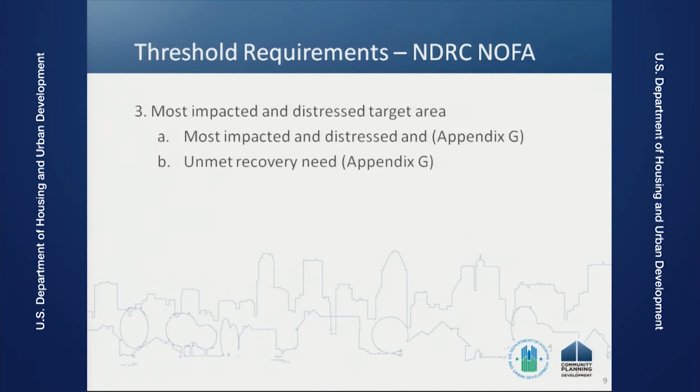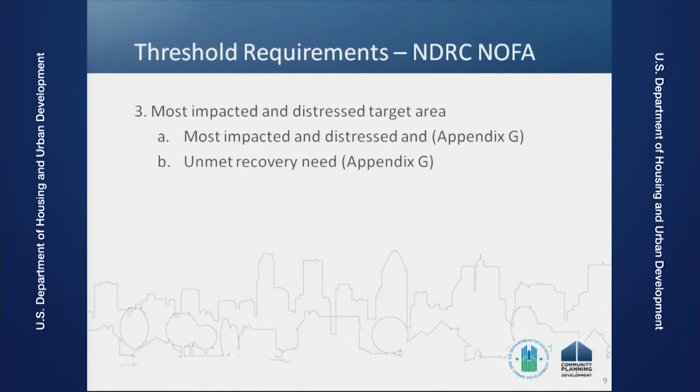Both of these components have a statutory basis in the Disaster Relief Appropriations Act and reflect the statutory mandate that funds remain available for necessary expenses related to disaster relief, long-term recovery, restoration of infrastructure and housing, and economic revitalization in the most impacted and distressed areas resulting from a major disaster in 2011, 2012, and 2013.